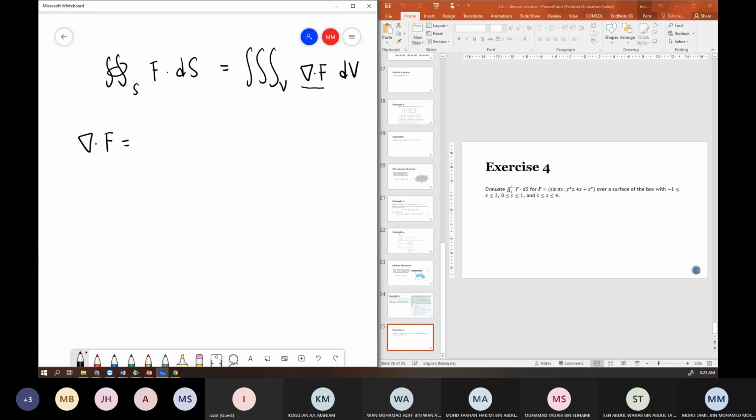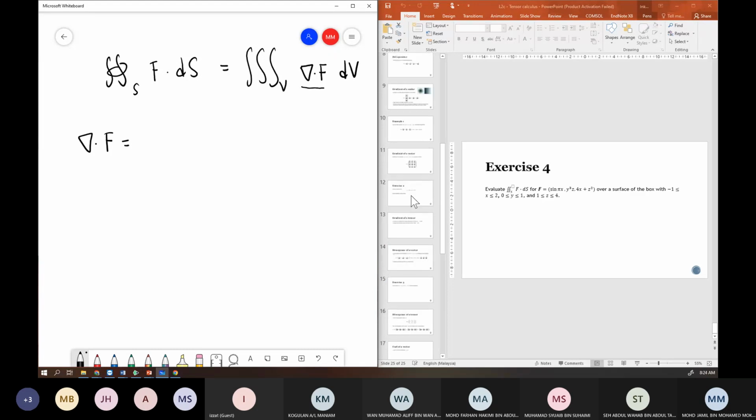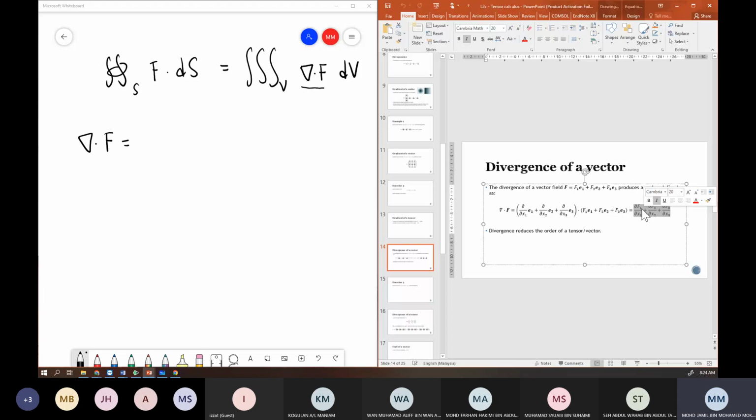So let's recap what divergence is. It's simply a dot product between the del operator and the vector F. So you get this answer: del f1 del x plus del f2 del y plus del f3 del z.